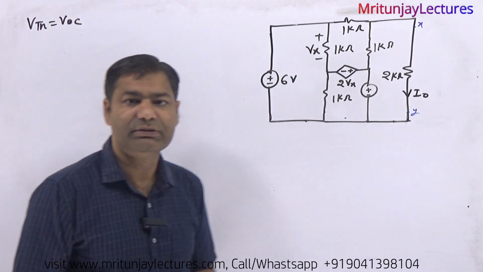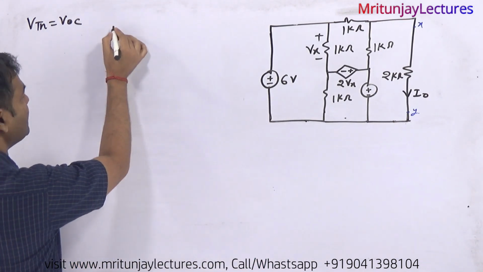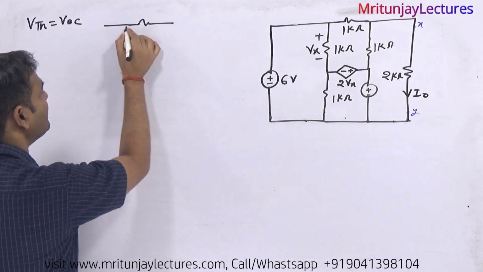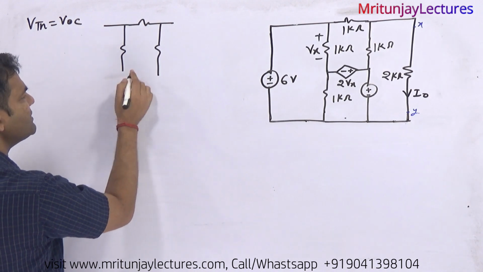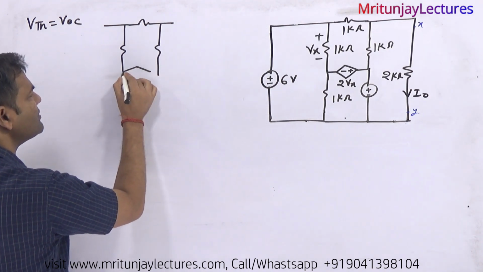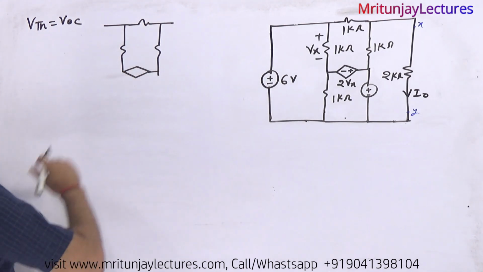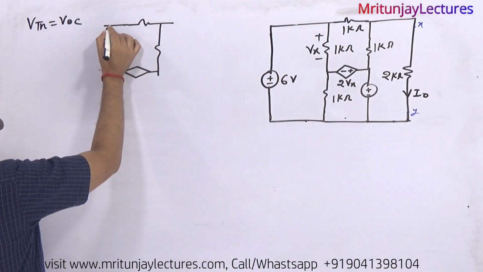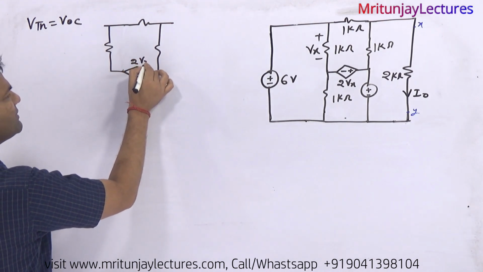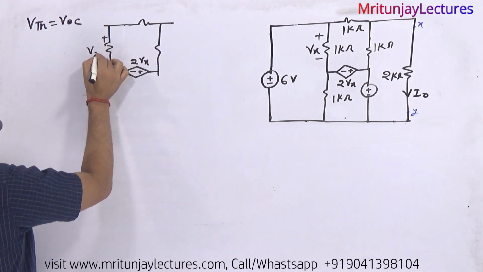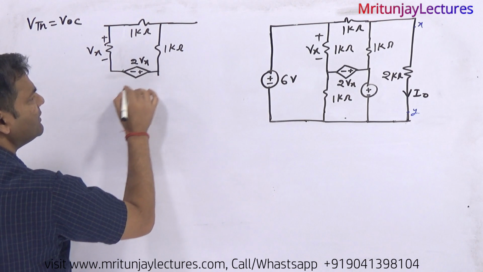V of OC means after opening the XY terminal, the circuit looks like this: 1 kilo ohm, here 1 kilo ohm, here 1 kilo ohm, and the dependent source 2Vx with plus minus Vx, here 1 kilo ohm, here 1 kilo ohm, and that is an open circuit.